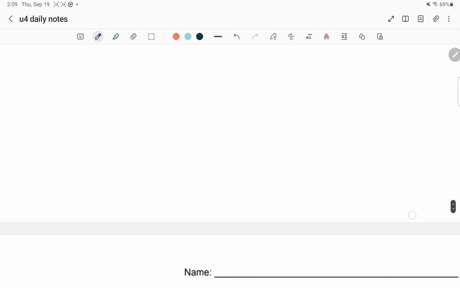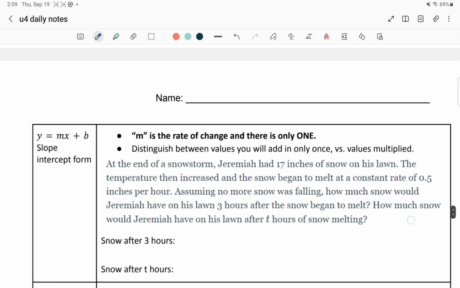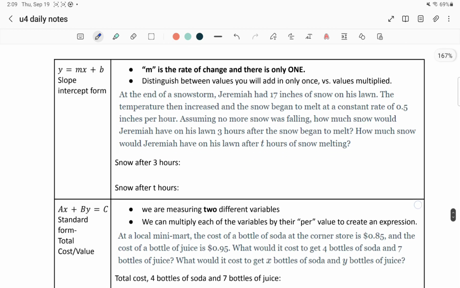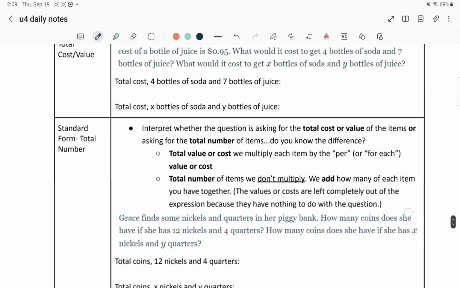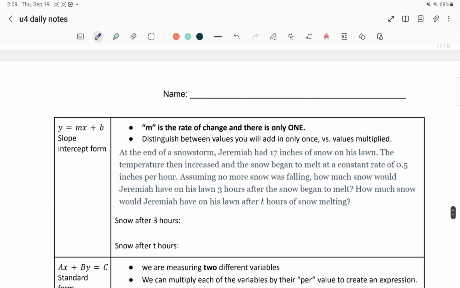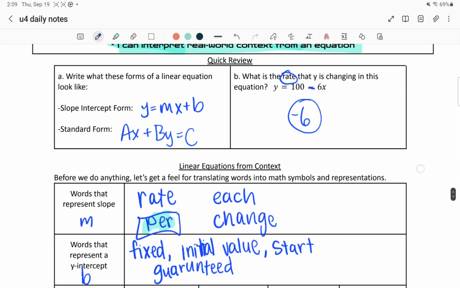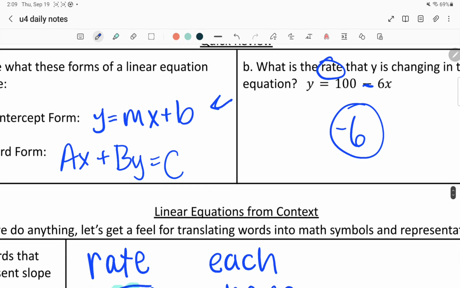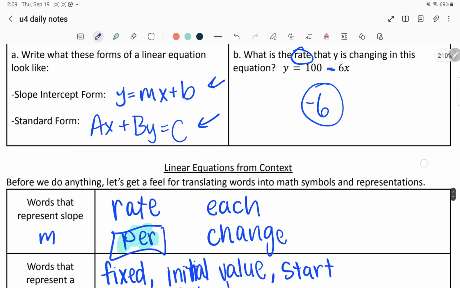Let's flip the page and put it into practice. So there's one of our word problems. Like I said, you can get different looking problems. So they can either be in y equals mx plus b, or they can be in standard form.